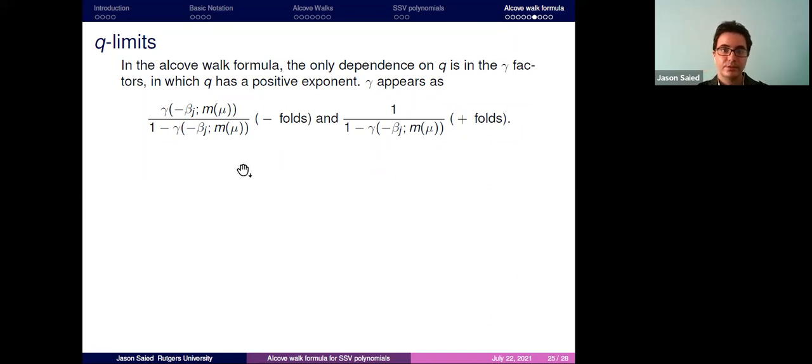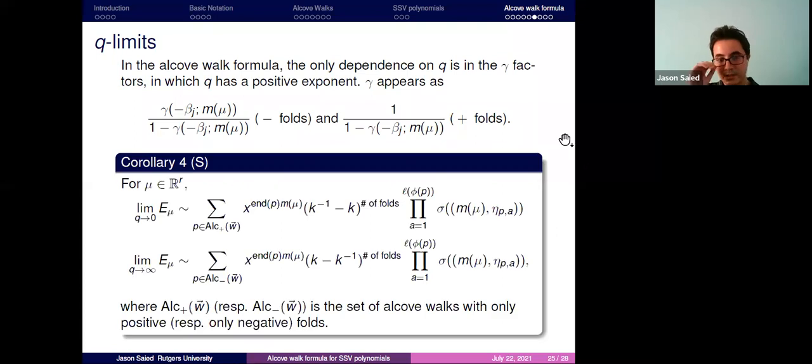So if Q goes to 0 or Q goes to infinity, these will all limit to nice things. If we look at negative folds, Q goes to 0, this just goes away. Q goes to infinity, you get a negative 1. And similar with the positive folds. So if we take the Q limits of the SSV polynomials, we get these much simpler formulas to look at, where now the sum is over, in the 0 case, Alcove walks that only have positive folds.